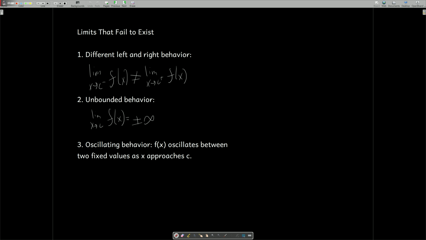And oscillating behavior: f of x oscillates between two fixed values as x approaches c. I'll show you an example later. But if you want to show the limit does not exist, you basically write DNE, all caps right here. It means does not exist.